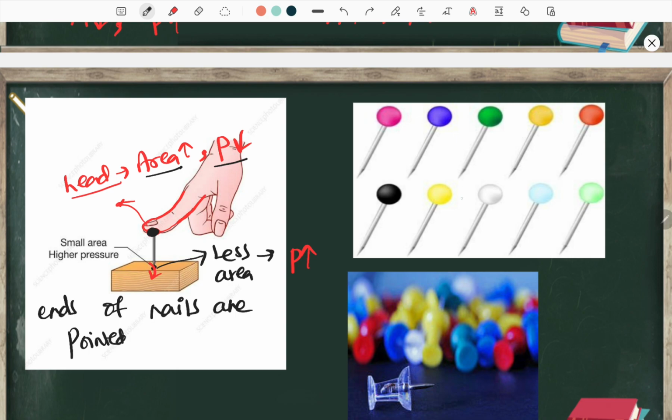You can see here also, these are some of the pins we use on a notice board. So why are these made so big? Because the area is more and pressure is less, and you are safe. How about this? This is the pointed end, so here the area is less and the pressure will be more, so that it can go easily inside the notice board.